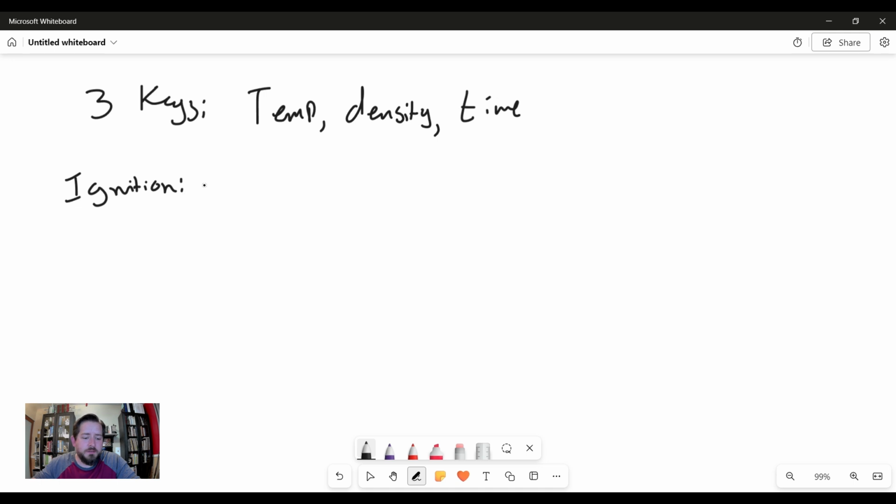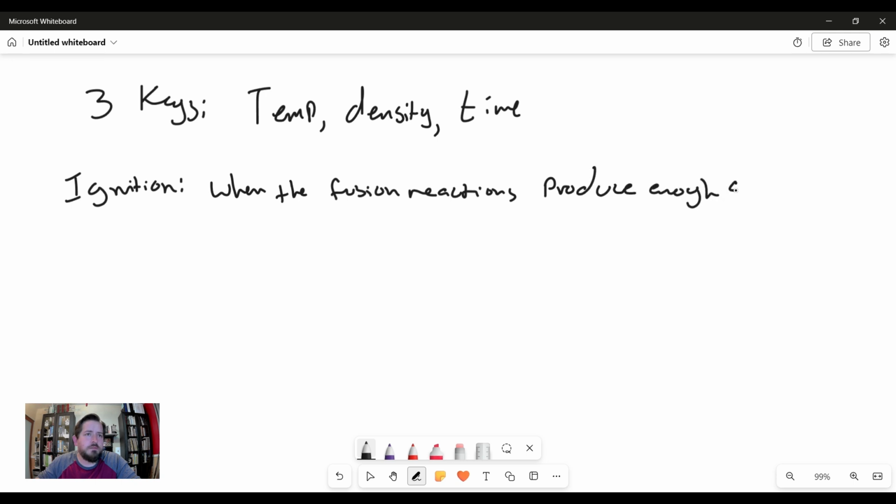And that is defined to be when the fusion reactions produce enough energy to become self-sufficient after the external energy source is cut off.